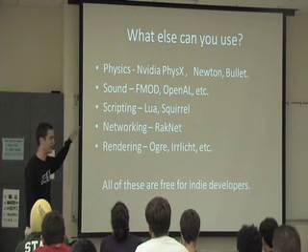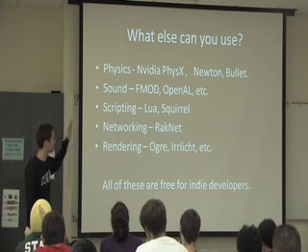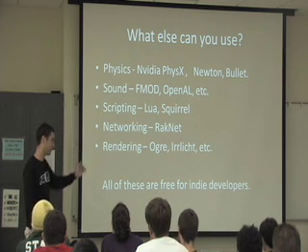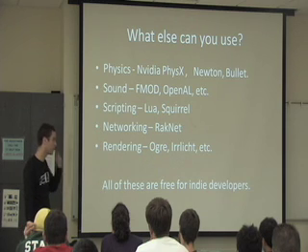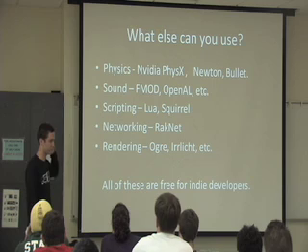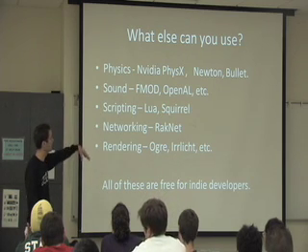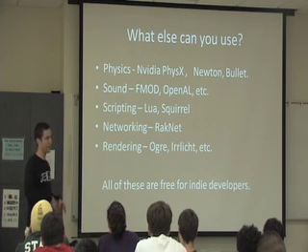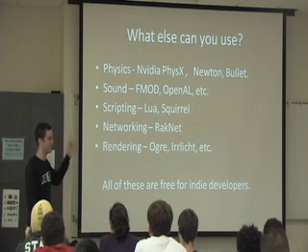You hear about NAT firewalls. I don't even know what that is, but RackNet takes care of it for you. He gives you all these nice little implementation things. You can see the source code, and that's all taken care of. And it's free for indie developers. All this stuff's free for indie developers. And indie means it's free until you make lots of money. Then when you make lots of money, you have to pay them a little bit.